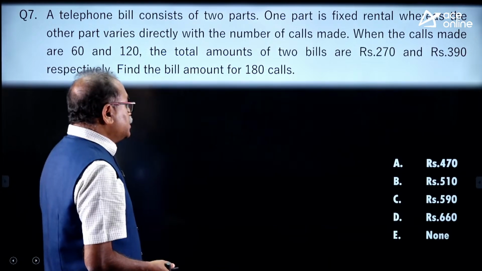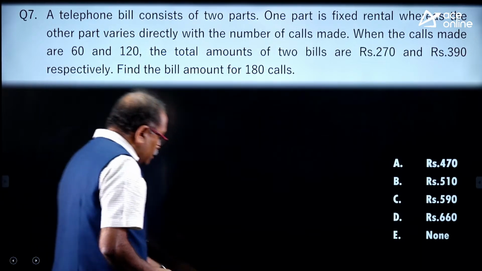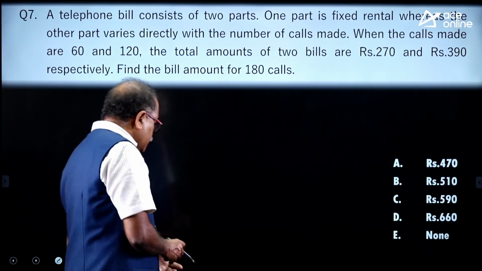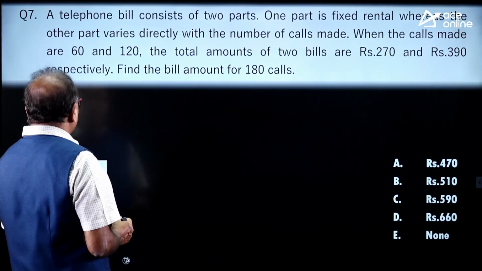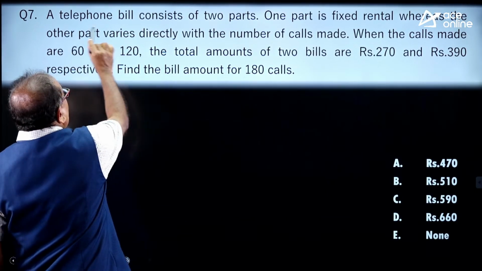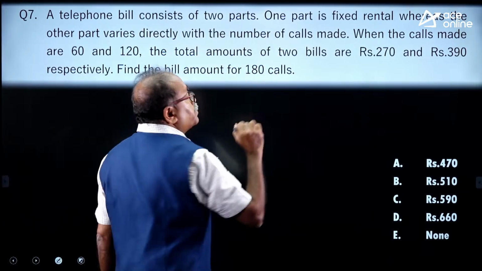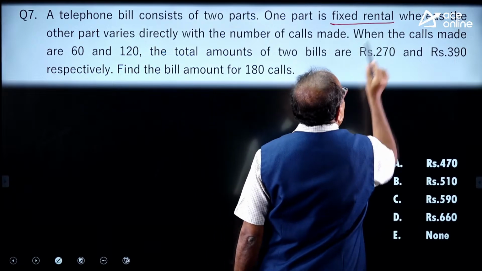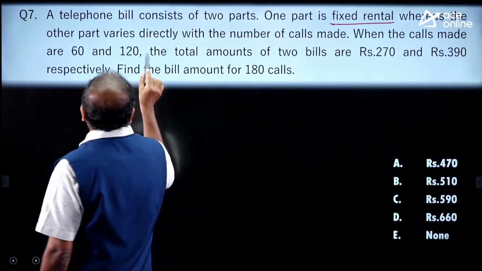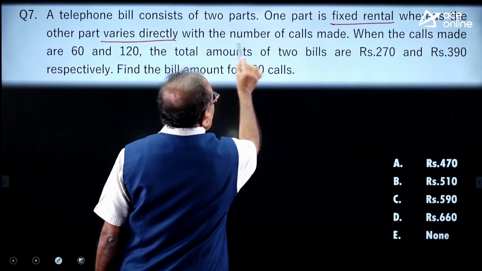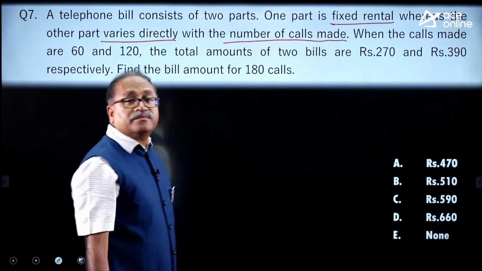Once again, I will read the question and then answer it. A telephone bill consists of 2 parts. One part is a fixed rental, whereas the other part varies directly with the number of calls made.